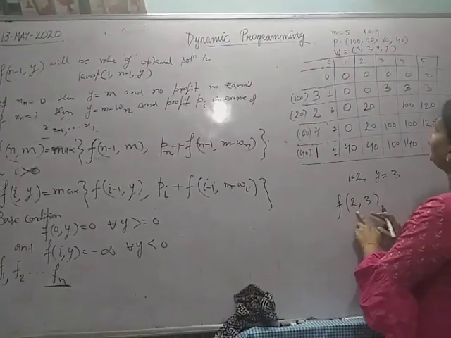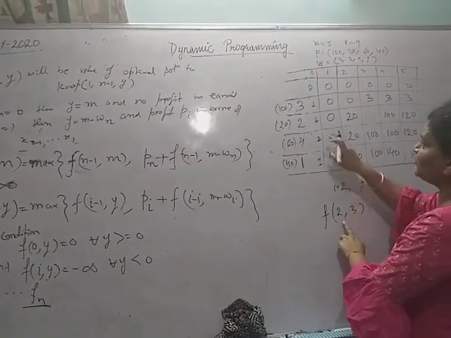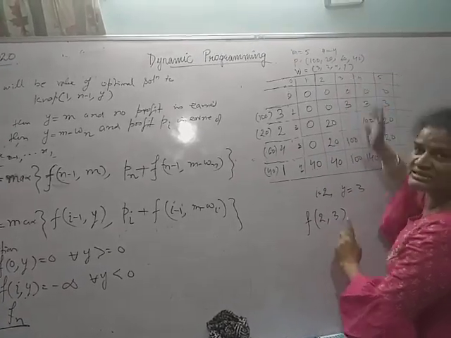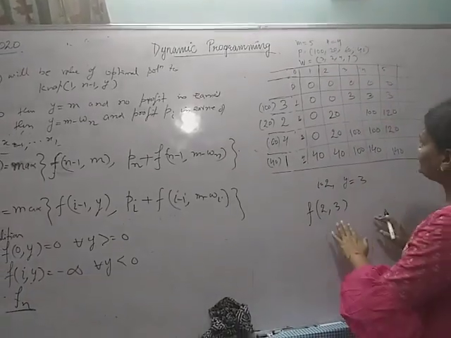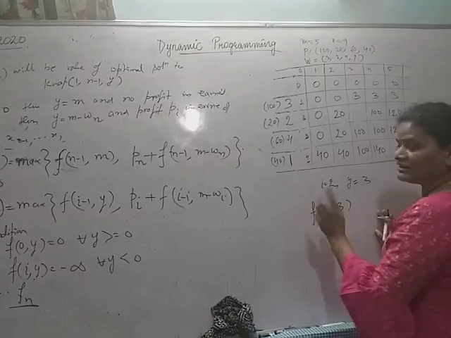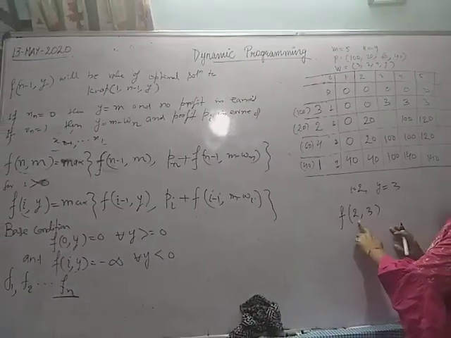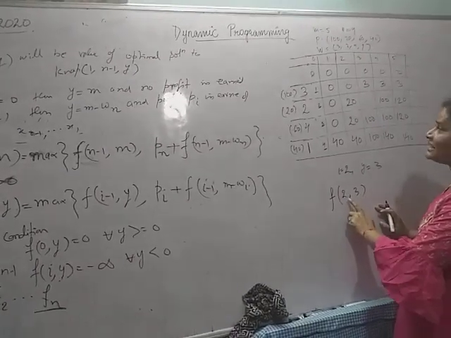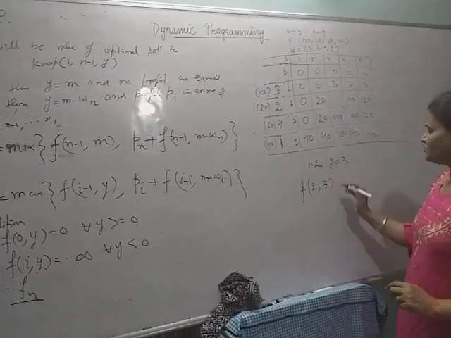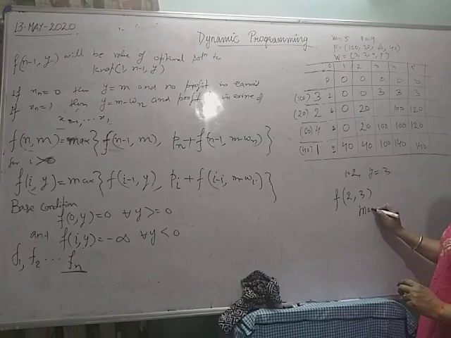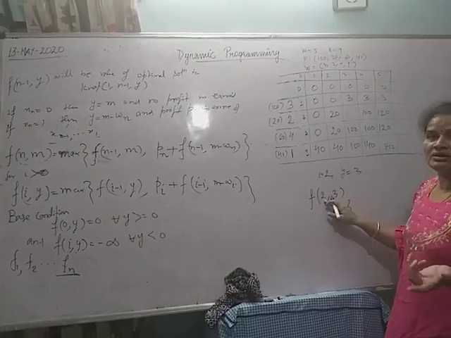So I am taking the decision for the second object with capacity 3. When we take the decision, there are two possibilities. The first possibility is that the second object is not included, it is excluded.